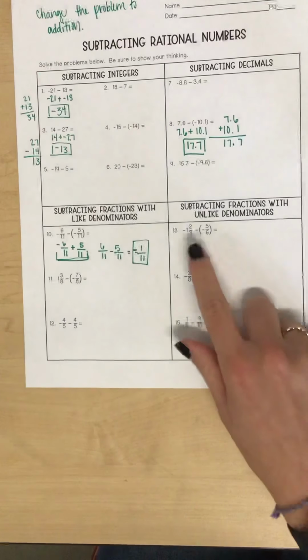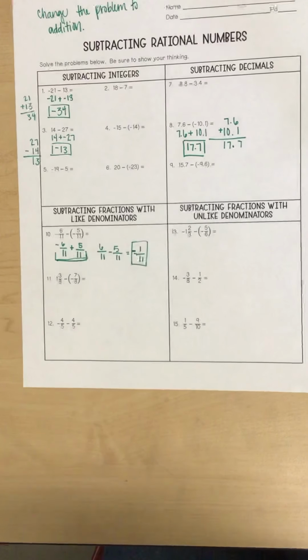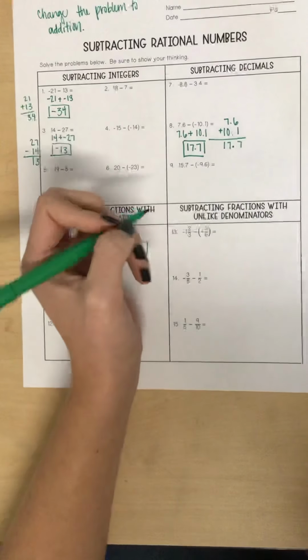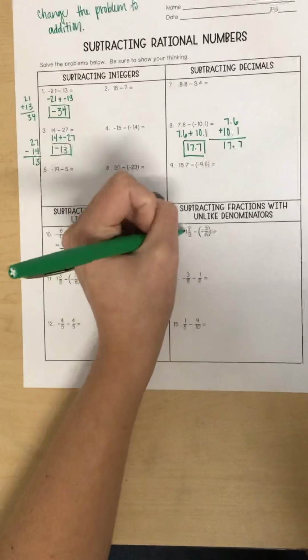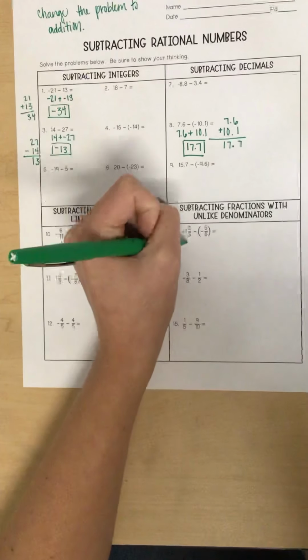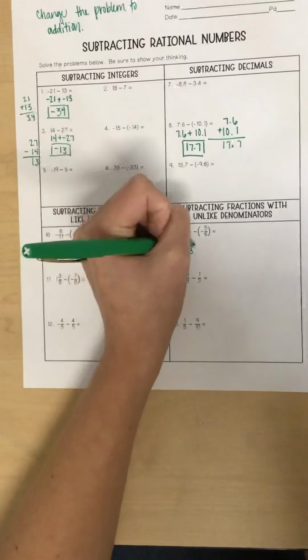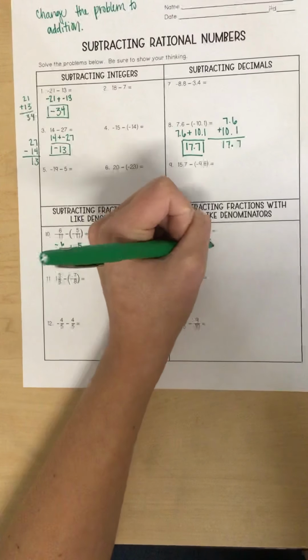Alright, then over here, if you do number 13, negative 1 2/3 minus negative 5/6. So there's a couple things I need to do here. First, I'm going to get common denominators. So I'm going to change this to an improper fraction. 1 times 3 is 3, plus 2 is 5, so it's negative 5/3 minus negative 5/6.